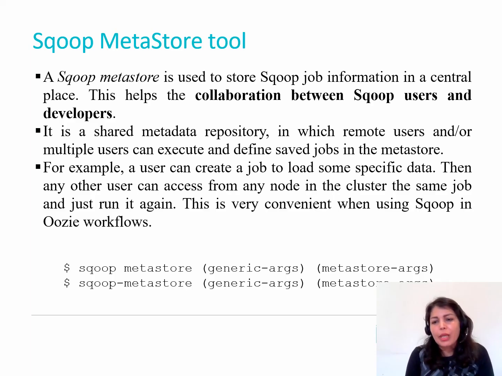This means if a user or developer defines a job, for example to load specific data or to make some change, this job would be stored in this place. And other users from any node in the cluster can access this job. They don't need to define the job again.